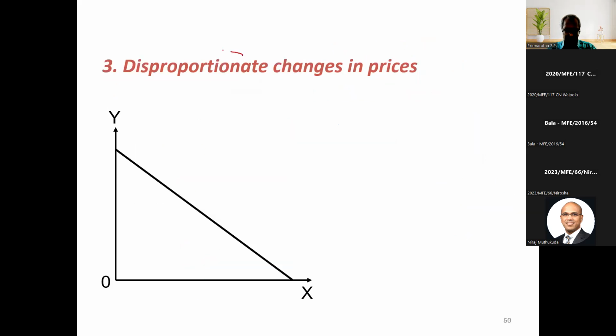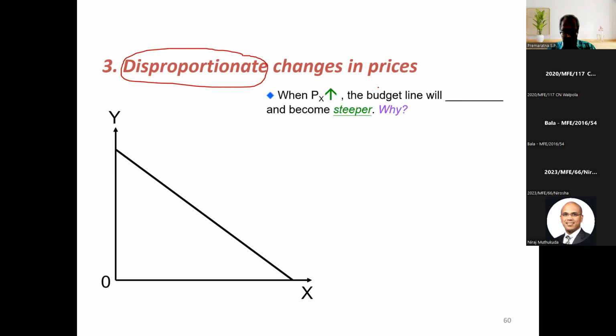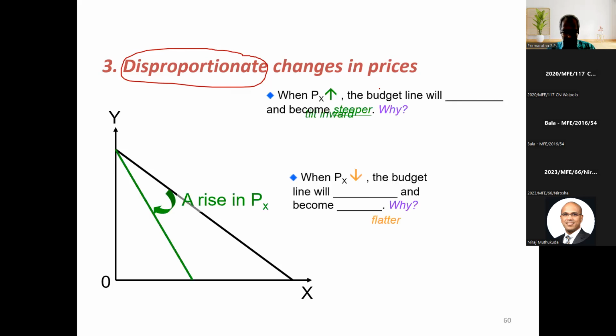And with a change in prices, maybe one good's price does not change while the other good's price changes. The budget line rotates, depending on which side the change is. For example, if the price of X increases, the budget line rotates clockwise. If the price of X decreases, the budget line rotates anti-clockwise.